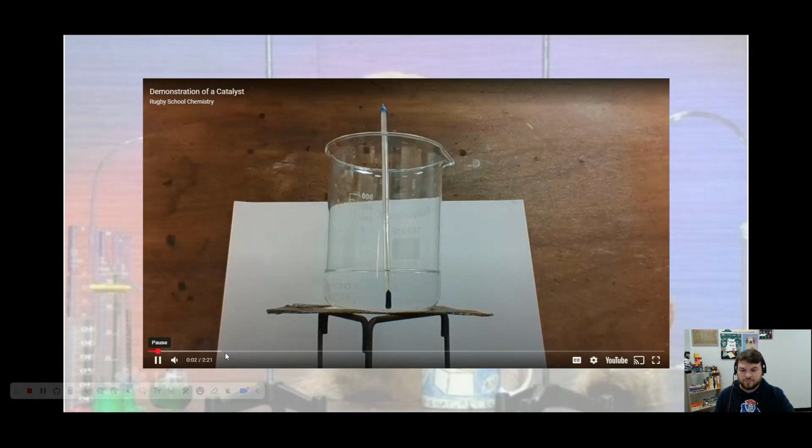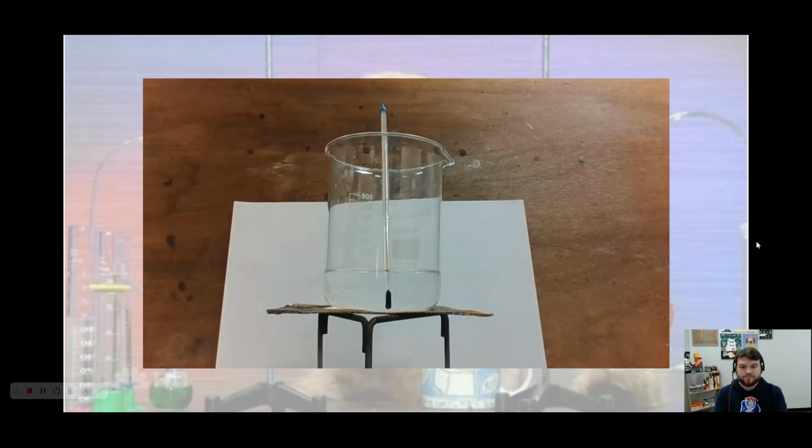This is a short demonstration to show how a catalyst increases the rate of a chemical reaction but remains chemically unchanged. In the large beaker, I have a solution of potassium sodium tartrate at about 60 degrees Celsius, to which I'm going to add some hydrogen peroxide solution also at 60 degrees Celsius.